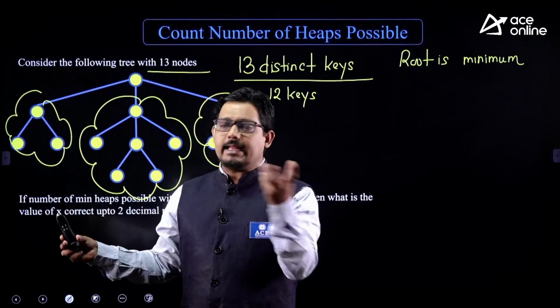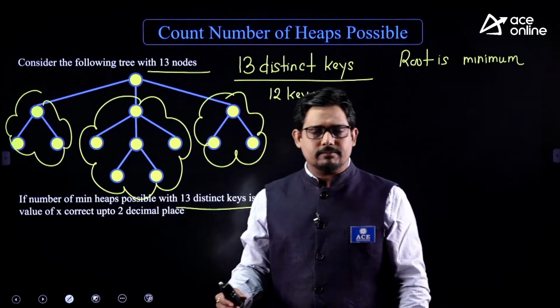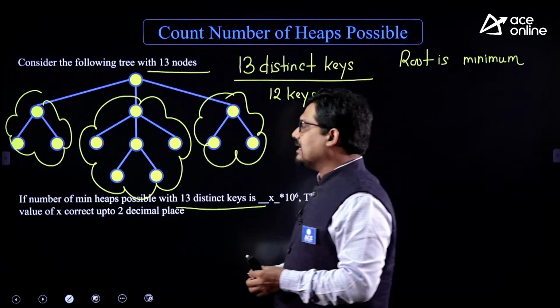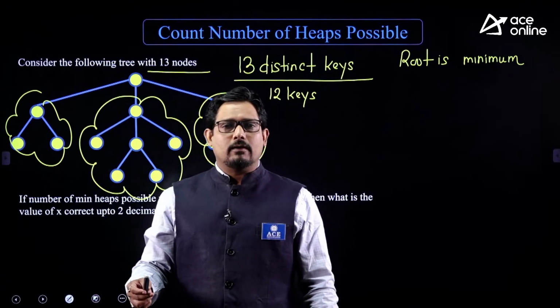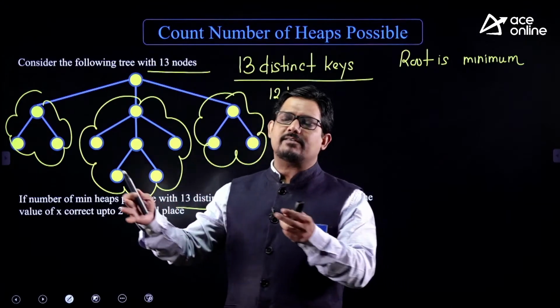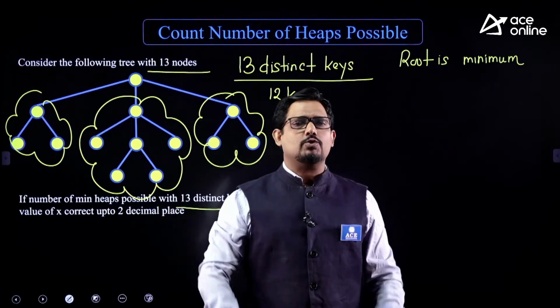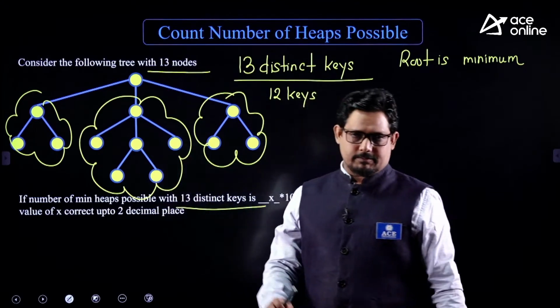Among the 12, anything can be here, but I need to select only 3 keys. So now this becomes a selection problem. Suppose nodes 1 up to 13 are there, 1 becomes the root. The rest is 12 keys, that is 2 to 13. So which keys will be there?